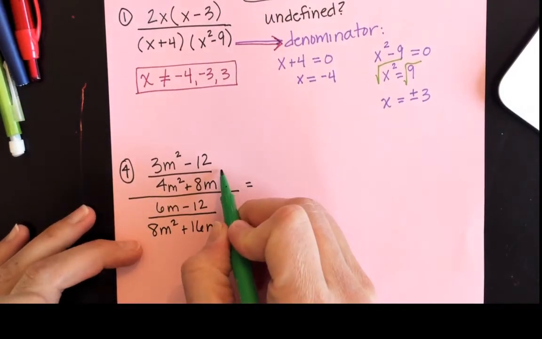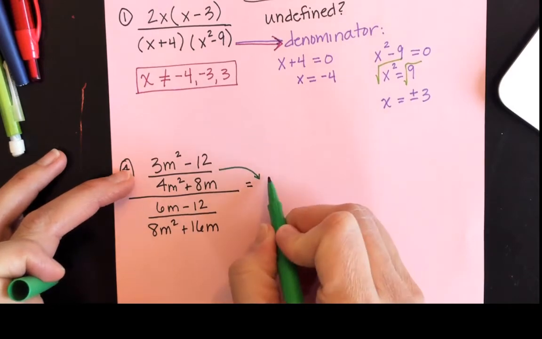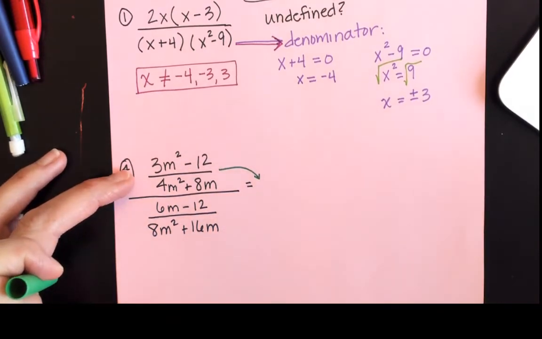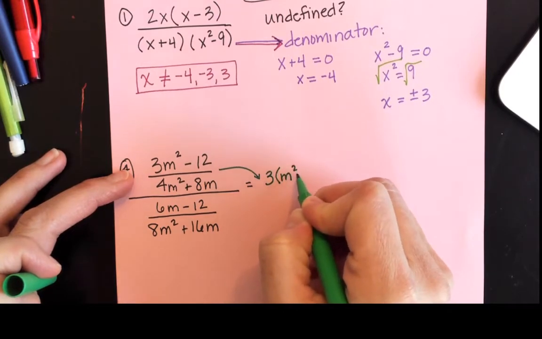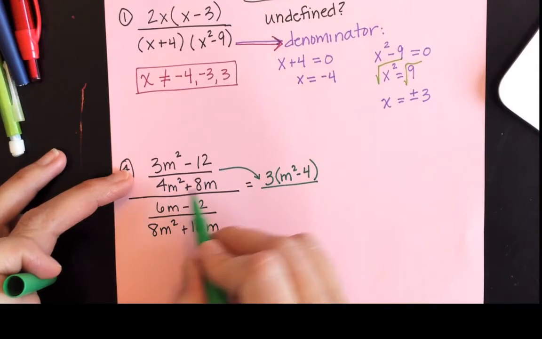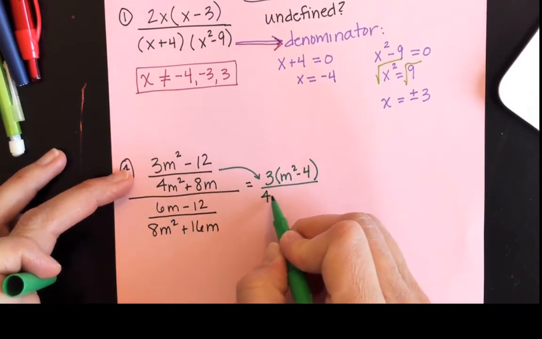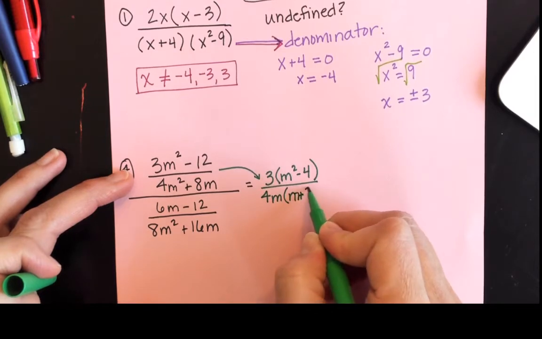My top fraction will factor into 3 times m squared minus 4 over 4m, and then this is m plus 2.